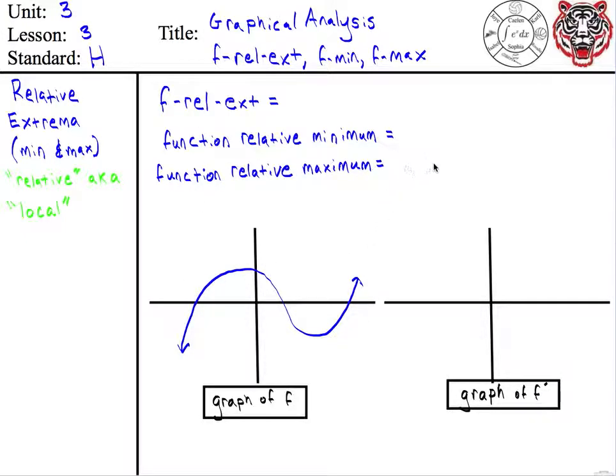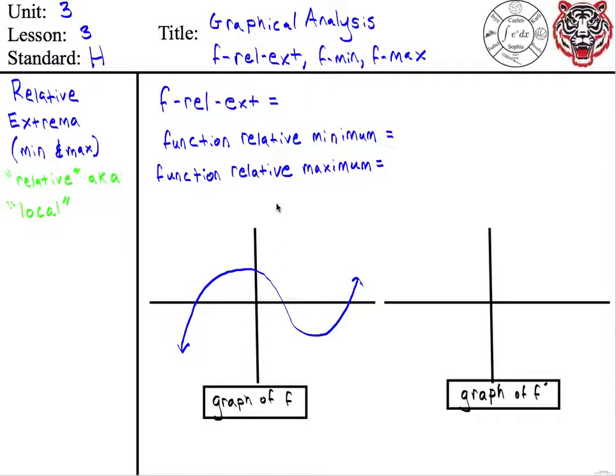Maybe somewhere over here on this graph of f, it decides to turn around way up here, but we don't know that because we can't see the rest of the graph. We can assume it goes on and on forever this way, but we don't know, not until they give us perfect information, which is given by an equation. The next best thing is a graph, and even worse is just a list of points on a table.